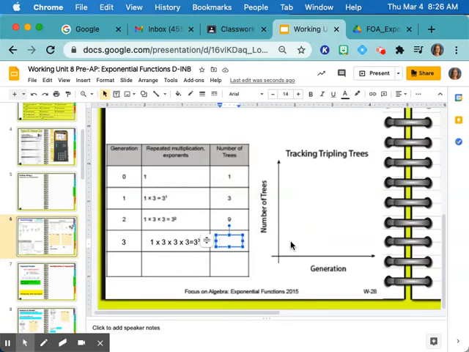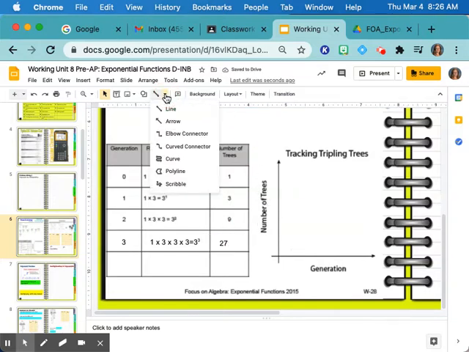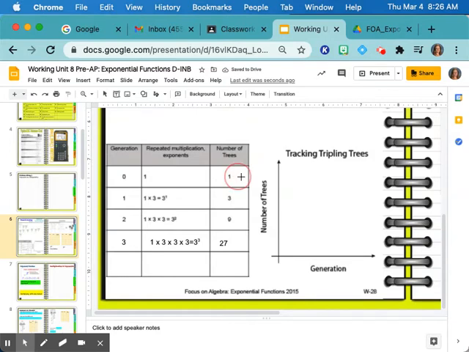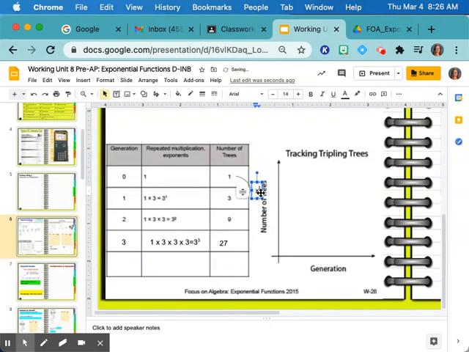And then what did that equal? 27. So it's like we are doing 1 times 3 times 3. I did the little scribble tool to do that.